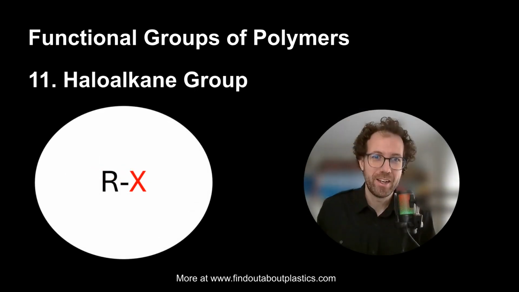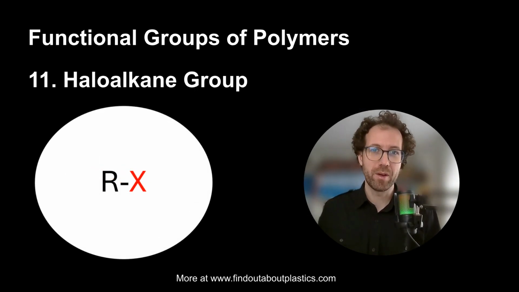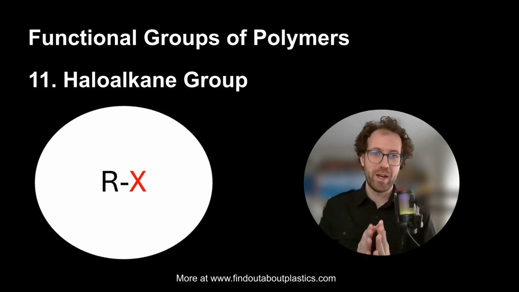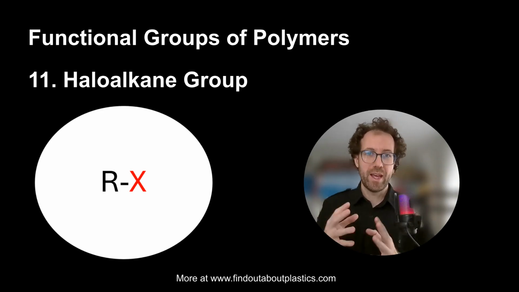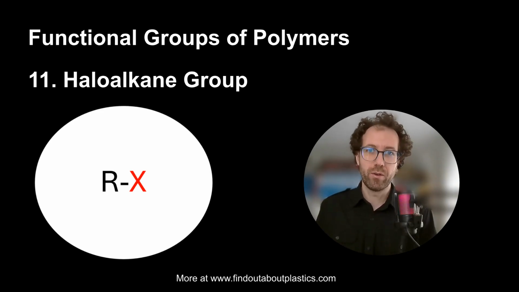Last but not least, haloalkanes, also known as alkyl halides, are a group of chemical compounds comprised of an alkane with one or more hydrogens replaced by a halogen atom. It can be fluorine, chlorine, bromine, iodine. And because the halogen is the functional group, haloalkanes are represented by the general formula RX, where R is an alkyl or aryl group, and X is fluorine, chlorine, bromine, or iodine.